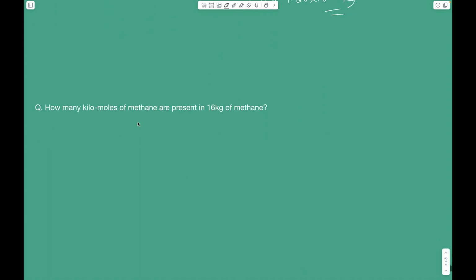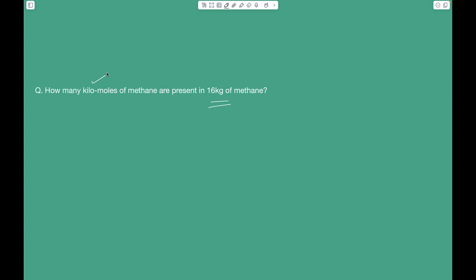How many kilomoles of methane are present in 16 kilograms of methane? Kilomoles, right? One way to solve this problem is first find out the number of moles. For that you have to convert the given mass into grams. It is given in kilograms.